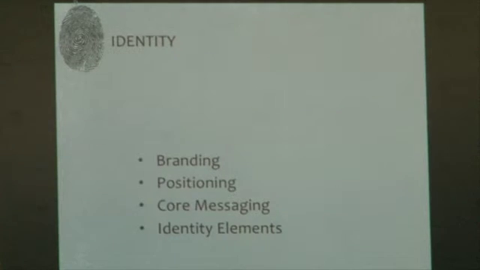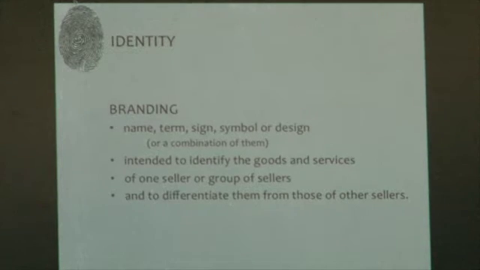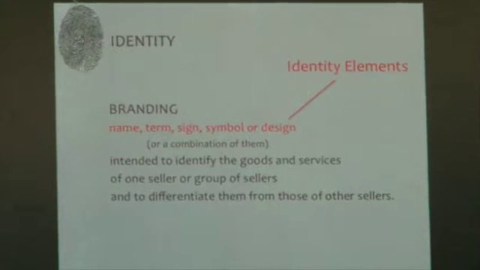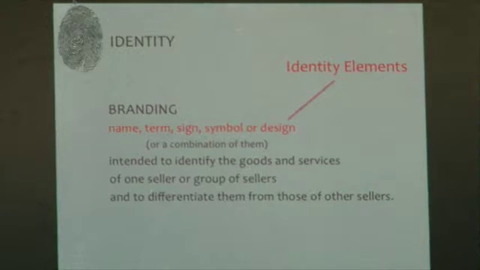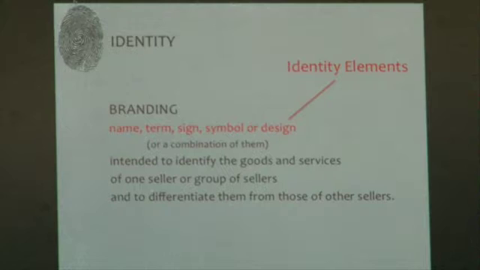Now, let me talk about this. This is a definition of branding right here. I know you're tempted to look at the slides on the right. Just look at the one on the left. The first part of this definition talks about elements that constitute the identity. How do people identify you? By your name and what your face looks like.